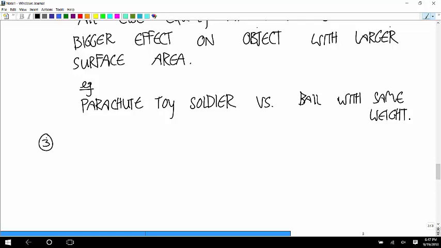And then the last thing, and the one that has the biggest effect, is the speed.